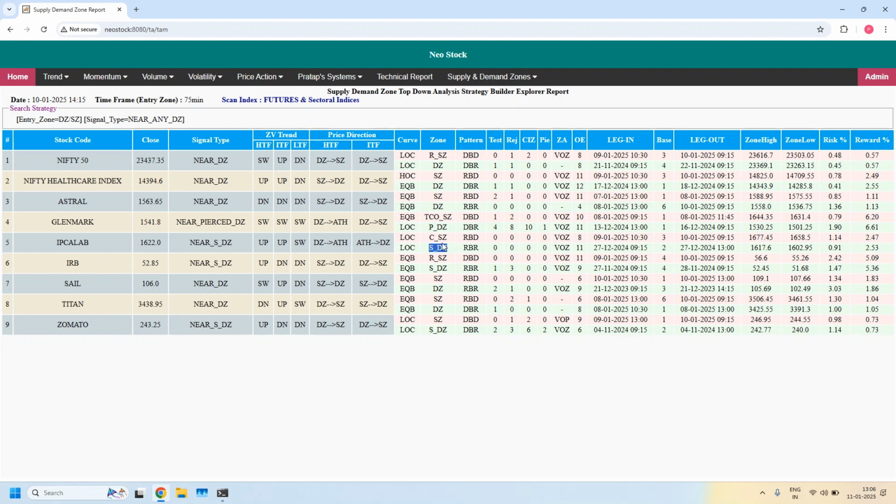So IPCL Labs is having a high liquidity 75 minutes demand zone. IRB is having the high liquidity zone. Zomato you can't take, it is a pierced zone. That means we have only 2 valid high liquidity 75 minutes demand zones from this list.